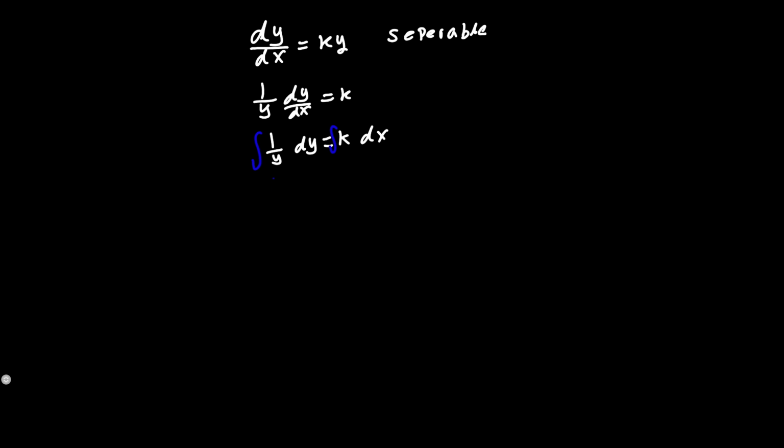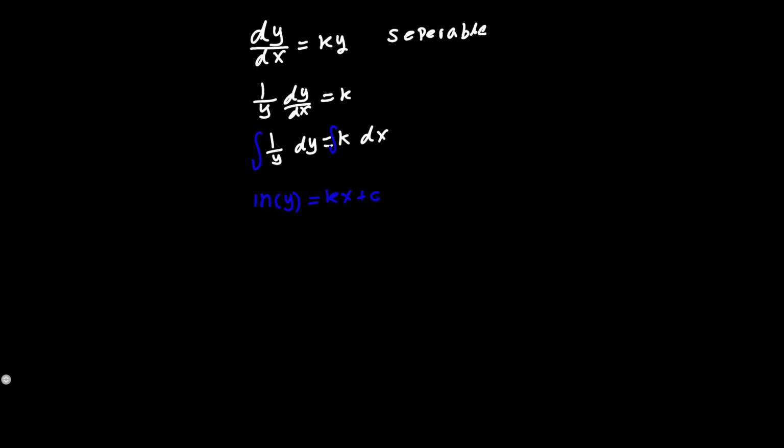What this will give is simply, if we've taken integral calculus, we will know that the integral of 1 over y is simply ln of y. And the right side will simply be equal to kx plus c.